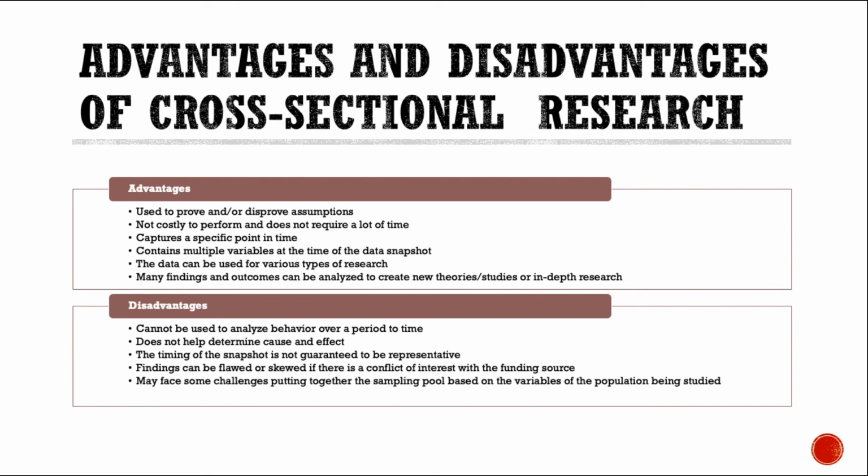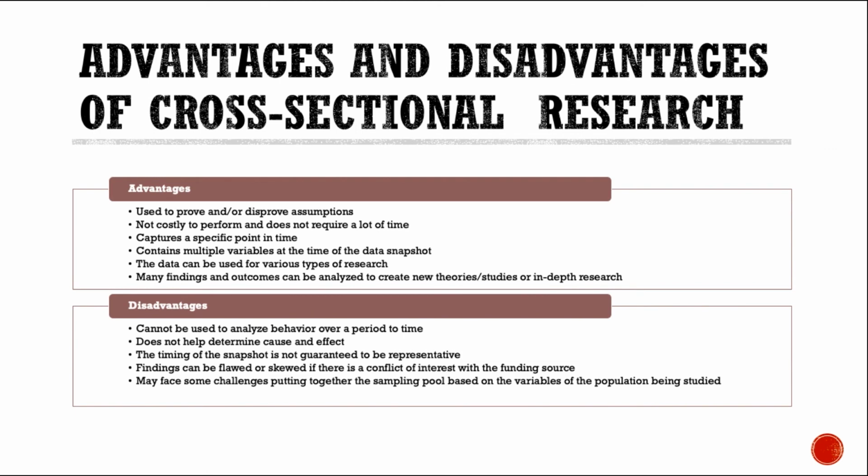Maybe you can use it in causal research, maybe in descriptive research. Many findings and outcomes can be analyzed to create new theories, studies, or in-depth research. It helps you to find different aspects of or advance the theory.